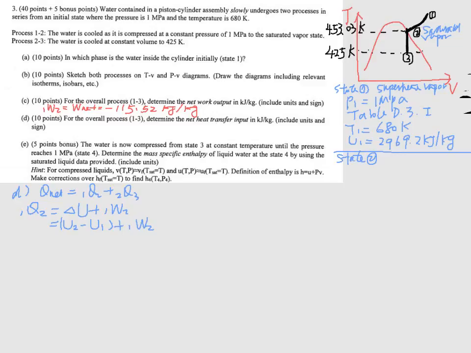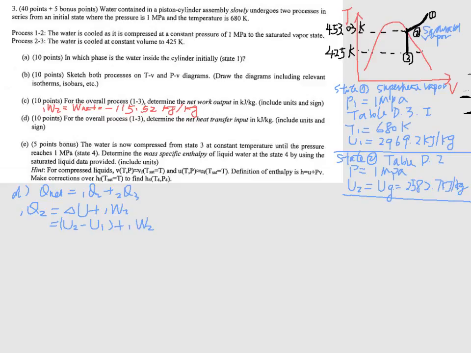So if we go to table D.2 again and find P equal to 1 megapascal, in this case U2 is also equal to Ug, and that is 2582.7 kilojoule per kilogram.